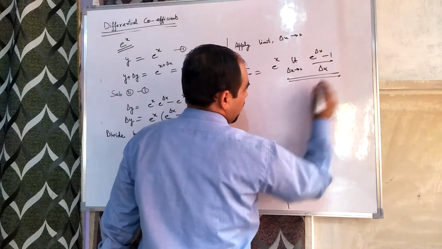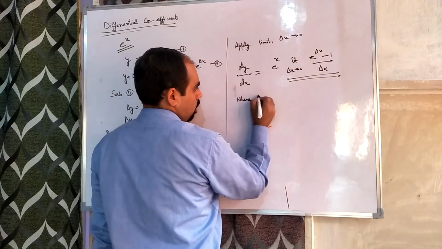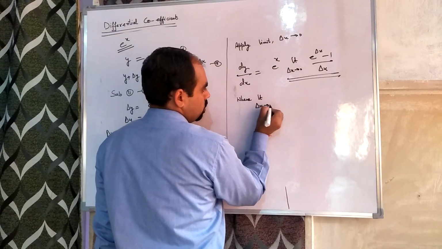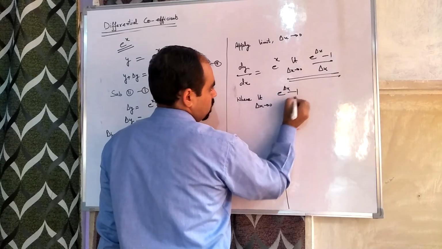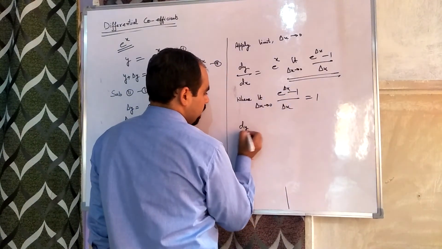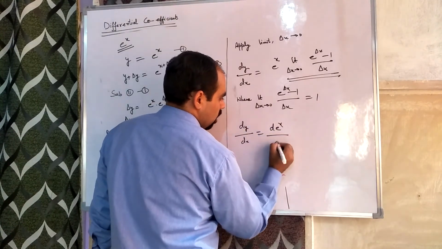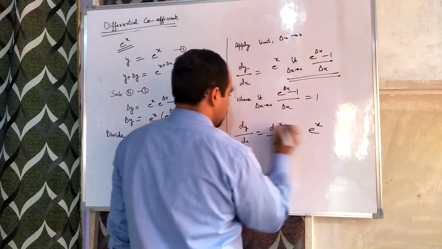This is again an identity where limit delta x approaches 0 of (e^(delta x) minus 1) upon delta x, that is already 1. So dy by dx, y is e raised to power x, upon dx, that is equal to e raised to power x.